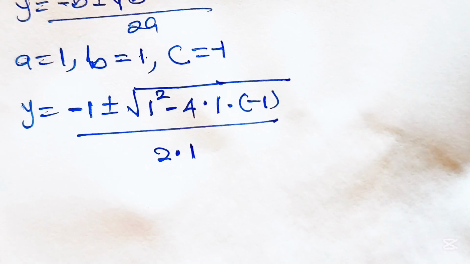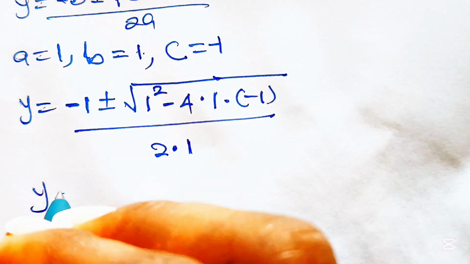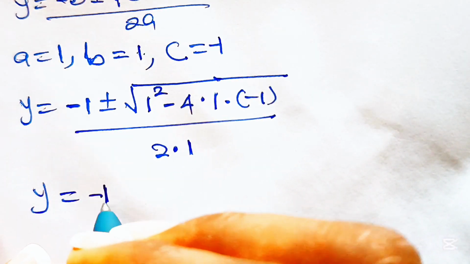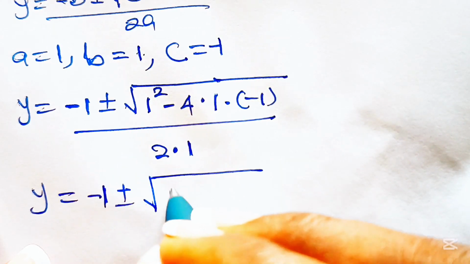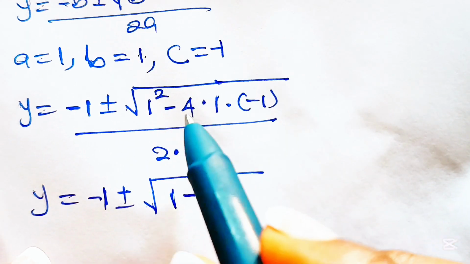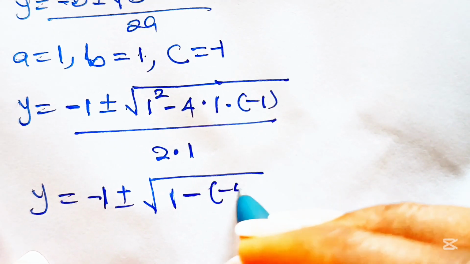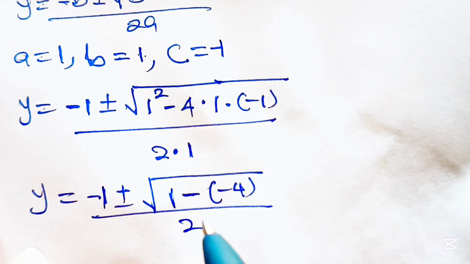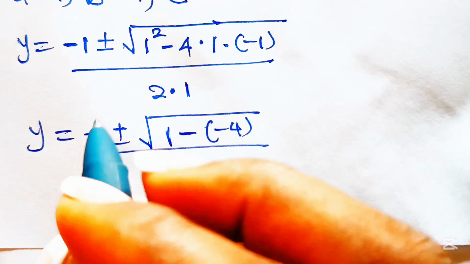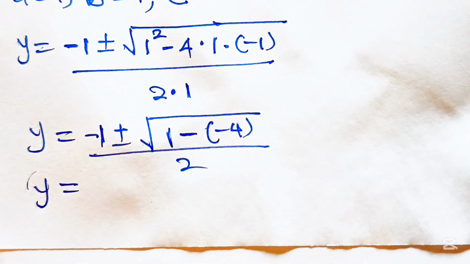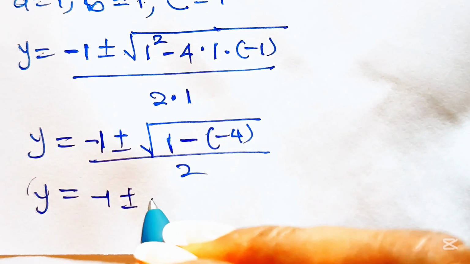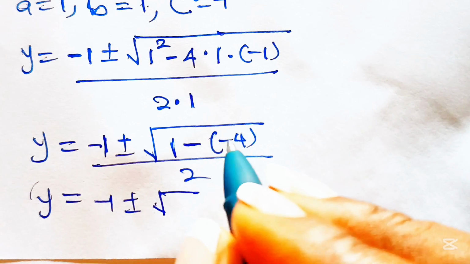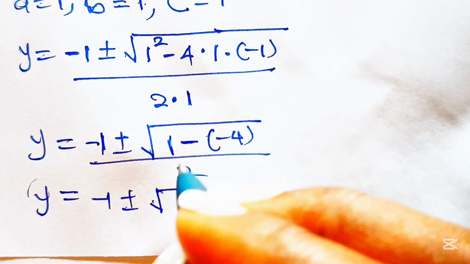If we solve this, we have that y is equal to minus 1 plus or minus the square root of 1 squared, which is 1, minus 4 times minus 1, which gives minus 4, divided by 2. So y is equal to minus 1 plus or minus the square root of 1 minus minus 4, which is the same thing as 1 plus 4, which is 5, divided by 2.